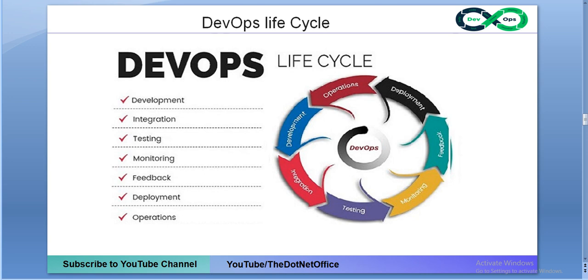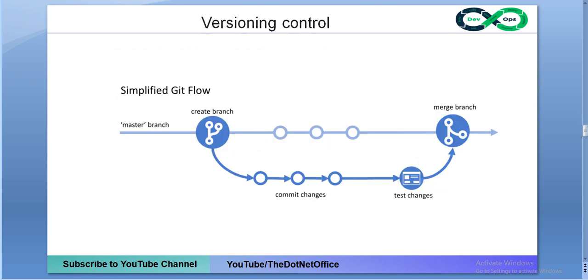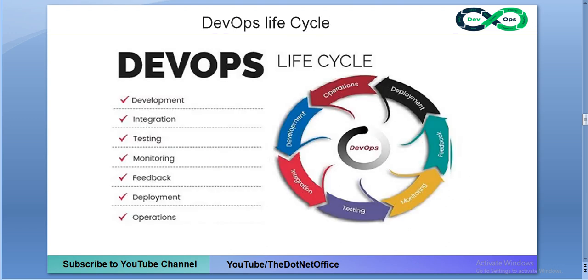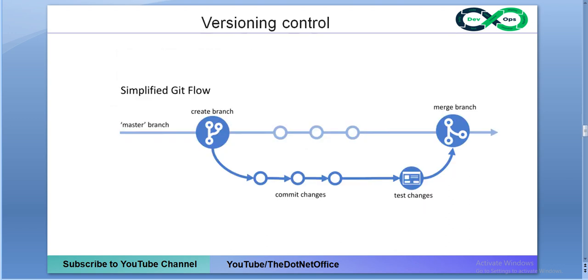Now we will see in brief what all these lifecycle stages are. So first comes, as we have seen here, continuous development. Before understanding that, we will see what version control is and why we use version control in real life when we use DevOps.